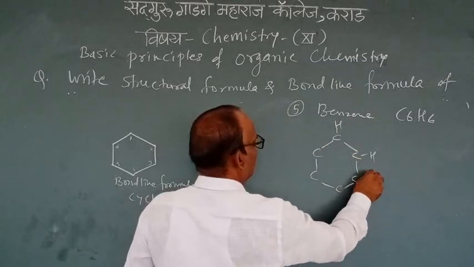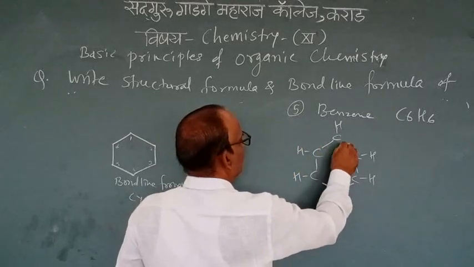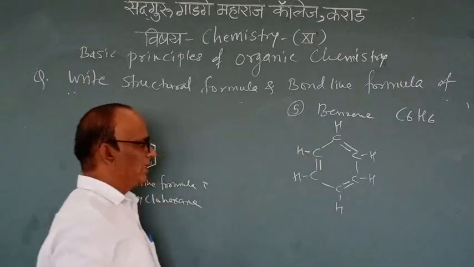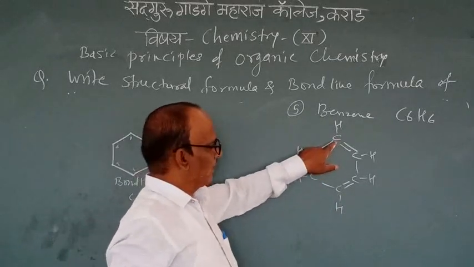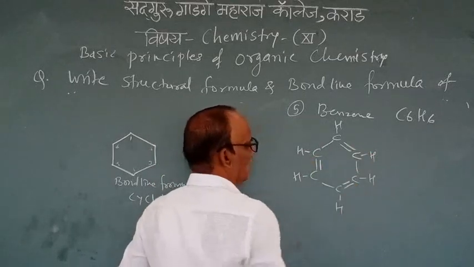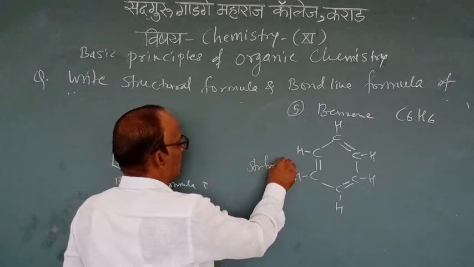At each carbon there is only 1 hydrogen atom, because there are alternate double bonds present in the benzene ring. From each carbon there are 4 bonds, therefore only 1 hydrogen atom is attached to each carbon atom. So this is the structural formula for benzene.